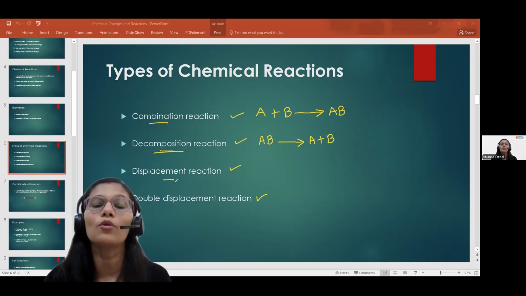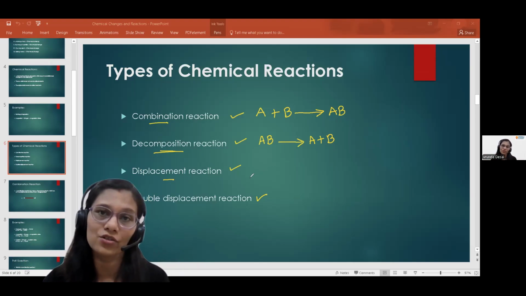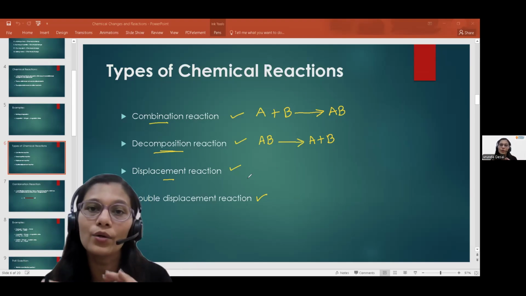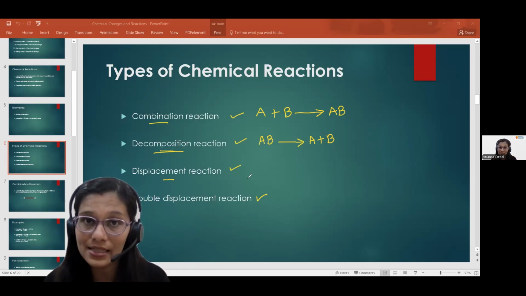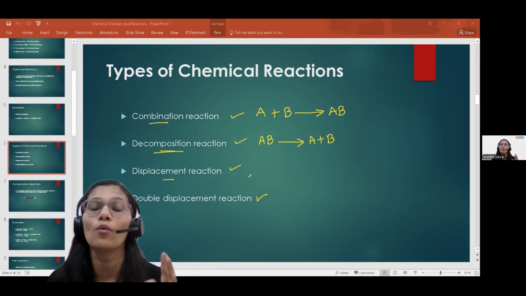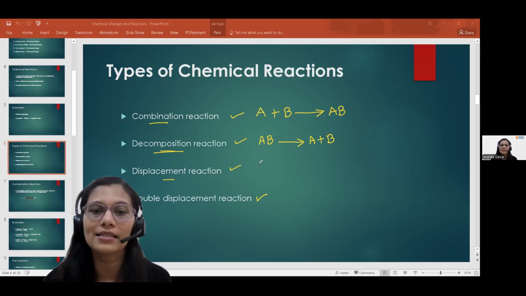Now, in a displacement reaction, a more reactive element will displace a less reactive element from its compound. For example, we have the compound AB.